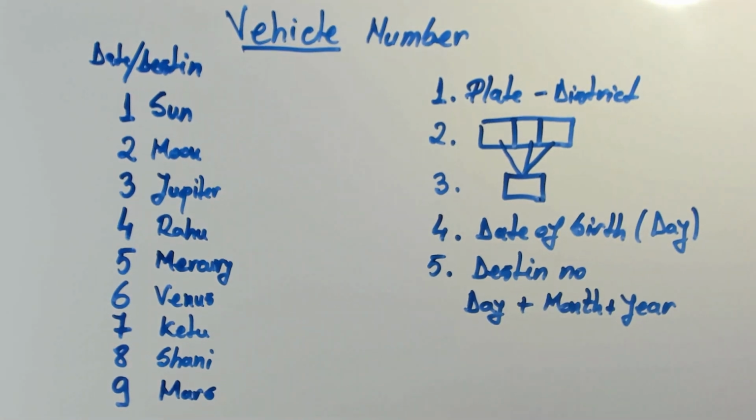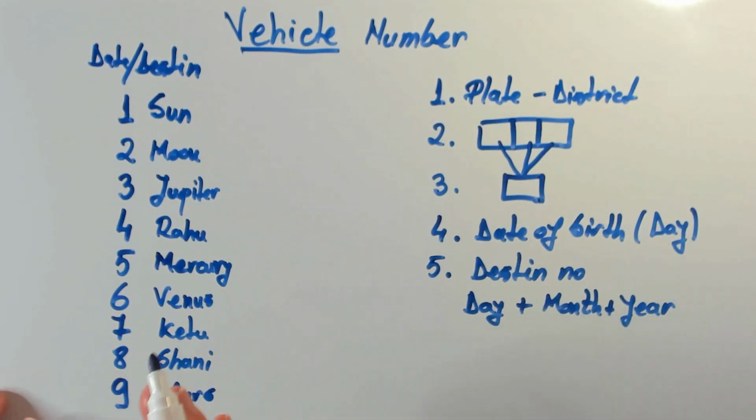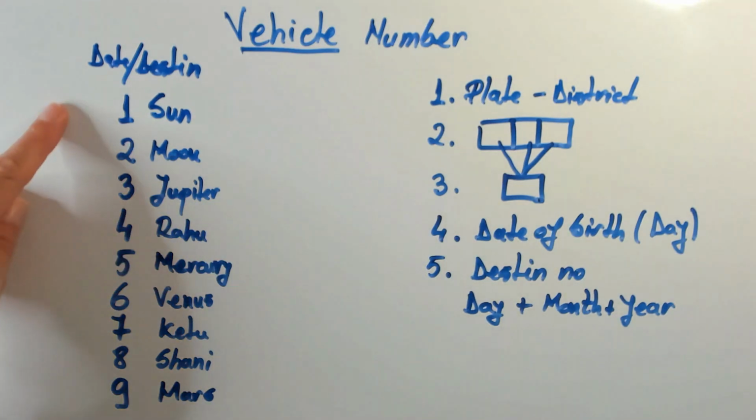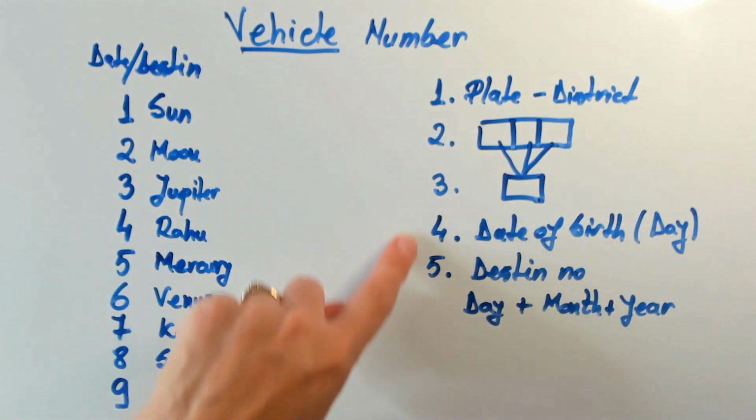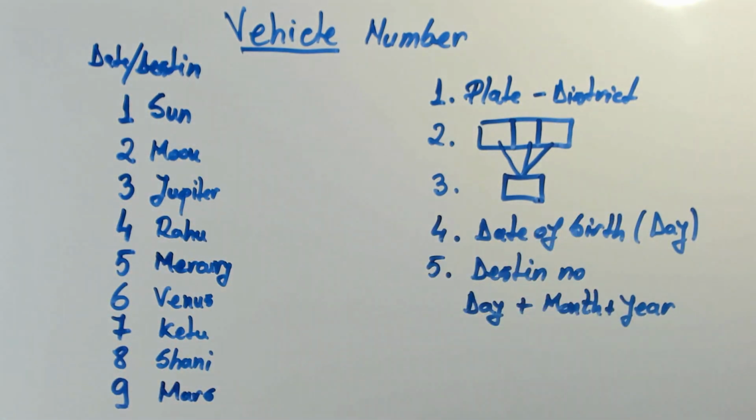But the meaning is that all of us can have accidents, but the accidents are different. It can be a major one or a minor one. How will you know if the accident will be major or minor? That depends on the date of birth of the person or destined number and the single number on the plate.